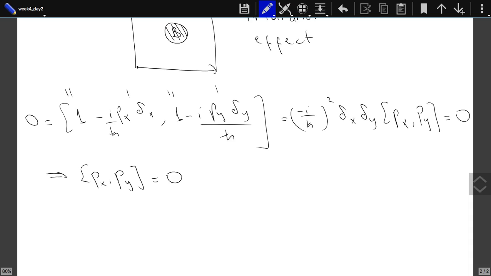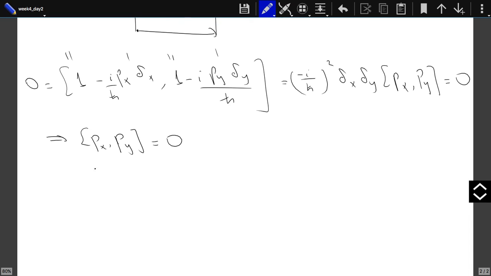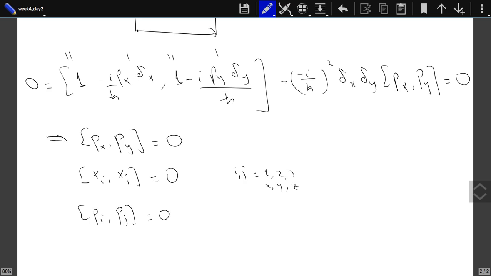So basically now we have what's called the canonical commutation relations in quantum mechanics. xi, xj, let me write it in this form. This is 0, with i and j being 1, 2, 3, or x, y, z. pi, pj, it is 0.